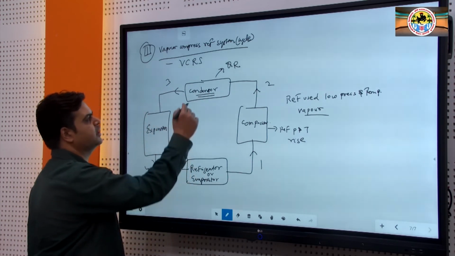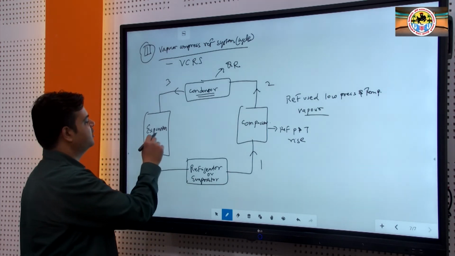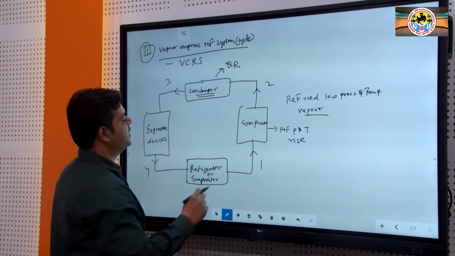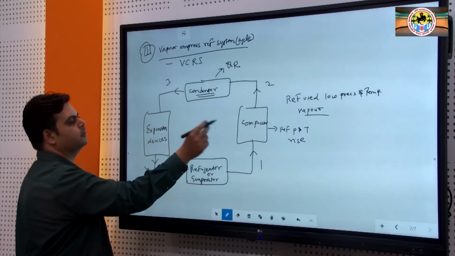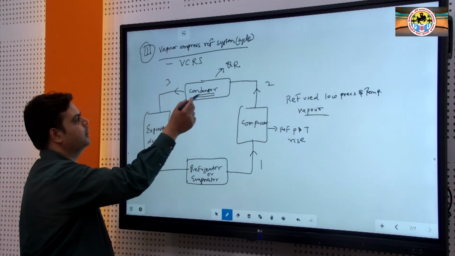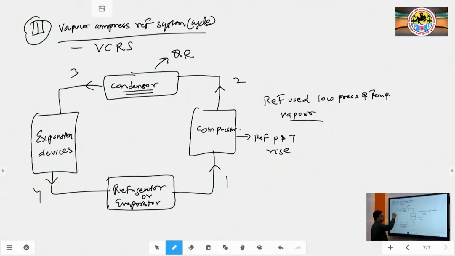After condensation or after heat rejection, it goes to the expansion device, and in the expansion device, the vapor which had low pressure or temperature, after passing through the condenser, before entering the expansion device, will be in the liquid state, liquid refrigerant.